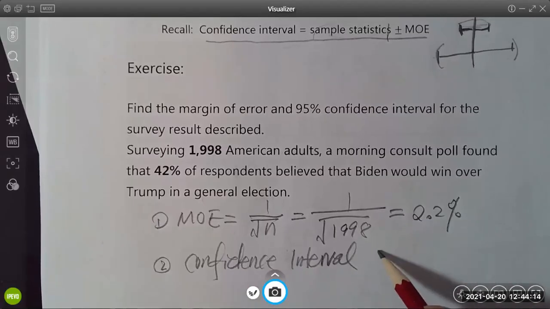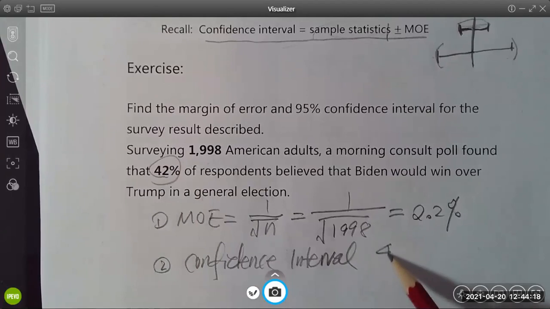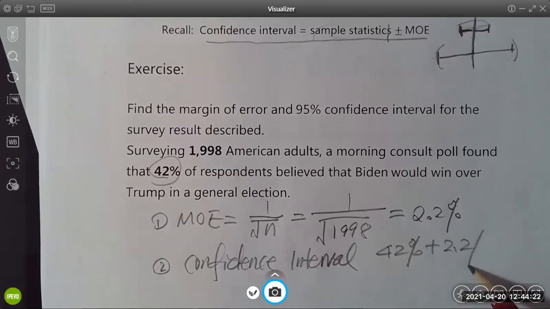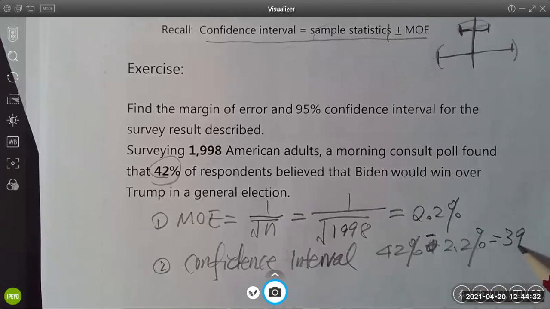The lower bound: this is our statistic, 42% minus 2.2%. 42 minus 2 is 40, 40 minus 0.2 is 39.8%.